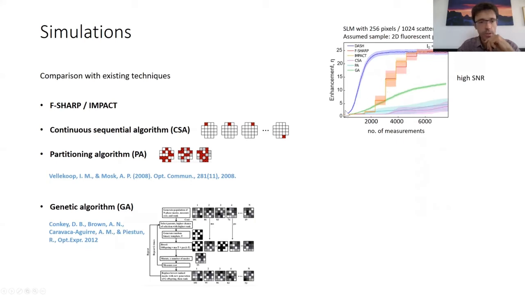We also included a genetic algorithm that was introduced by Rafael Piestun's group 9 years ago now, and further methods that have been discussed in the 2008 Vellekoop and Mosk paper, like the partitioning algorithm and the continuous sequential algorithm.